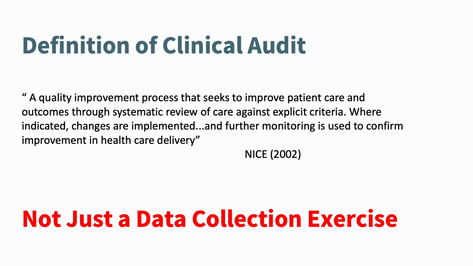It's a cycle. It's not just a data collection exercise. So many people, through the years, say, oh, I've done an audit on that. And that's great, you've got loads of information. What are you going to do with that information? Are you seeing if it helps you find out if there's a difference that we need to change in patient pathways or patient care, or are we just collecting it for the sake of it?